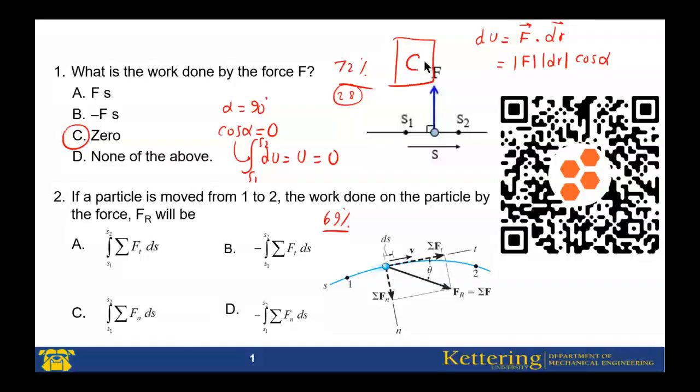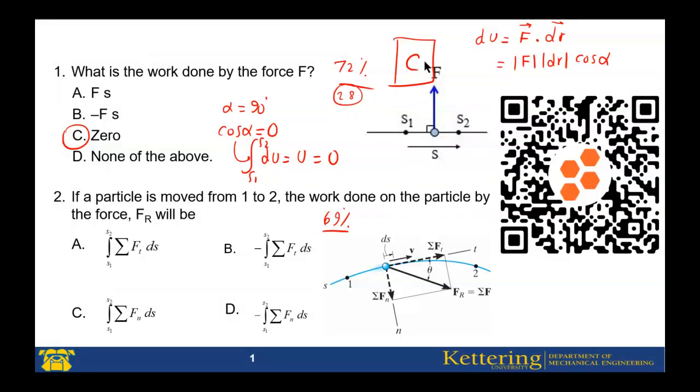For the second question, a particle moves from point 1 to point 2, and the work done on the particle by the force Fr, where Fr is the resultant force. As you can see here, we found the components of this force along the tangential and normal directions.